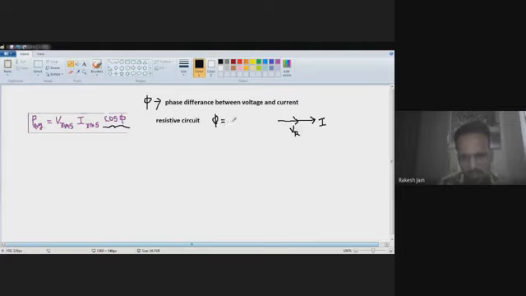So what is the average power in the resistive circuitry? I have to put phi equal to 0. So Vrms, Irms and cos 0, and we know that cos 0 is always equal to 1. That's why the average power in case of resistive circuitry is Vrms Irms.